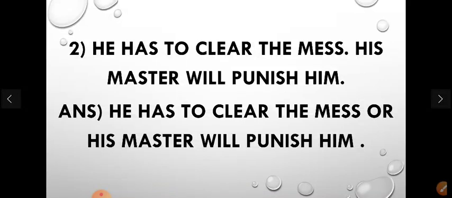Here we have to remove the full stop after mess and use or and write the full sentence again. He has to clear the mess or his master will punish him. Here are the two choices: you should clear your mess or your master will punish you.